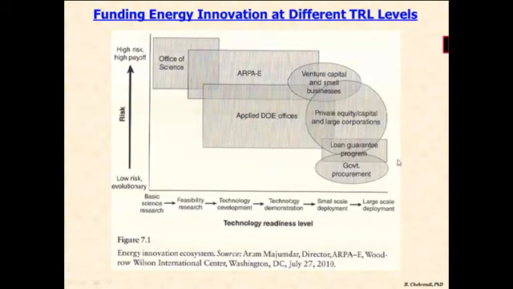So you see also an application of TRL in terms of communication and distribution of funds. As you go to here, these are low risk funding organizations: venture capital and small businesses come here, then private equity, capital and large organizations, then you get loan guarantee programs, and government procurements come here.